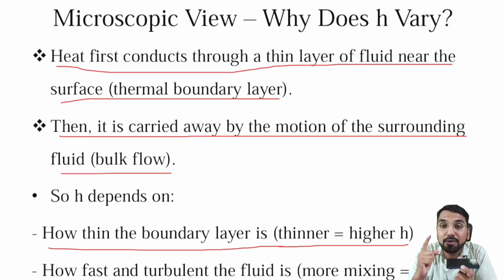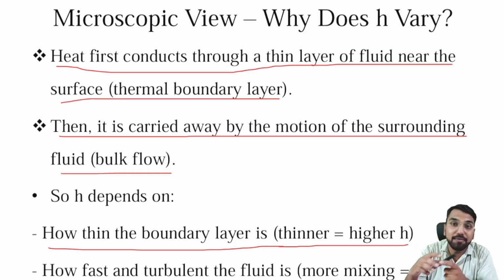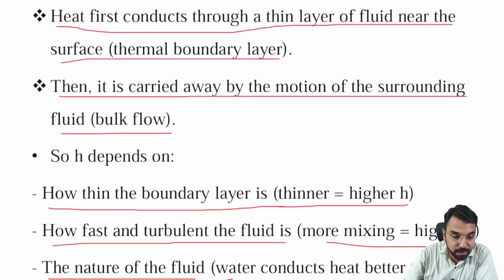Because these three fluids, let's say air, water and a coolant, have different specific capacities to absorb heat, according to the structure of their internal molecular level. So that will also affect the H value, which is the convective coefficient of convection.